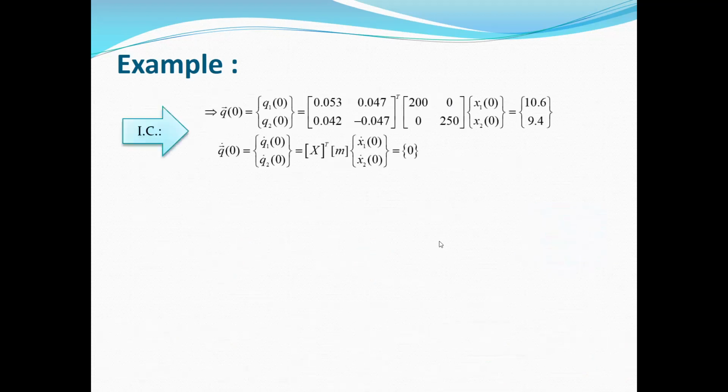Now we can use this modal matrix to uncouple the equation of motion. For this purpose, we can find q, the initial condition q at t equal to 0 and q dot at t equal to 0, which is equal to the modal matrix transpose multiplied by the mass matrix M multiplied by the vector of initial displacement, x1 at t equal to 0 and x2 at t equal to 0.